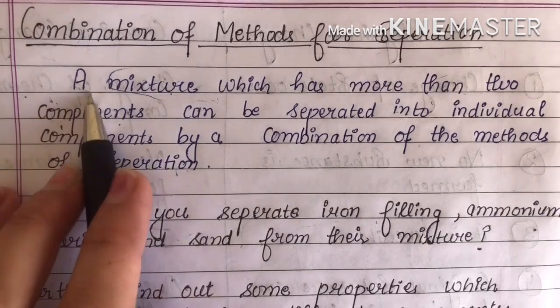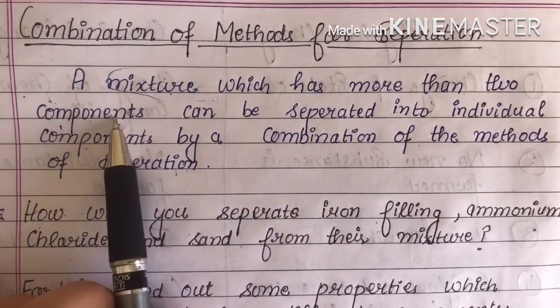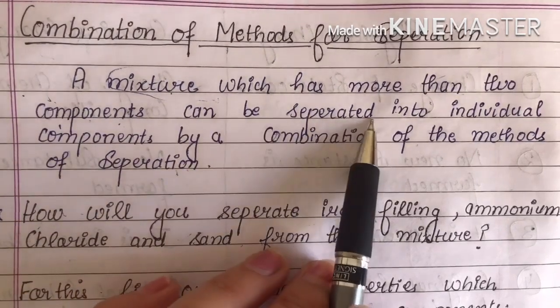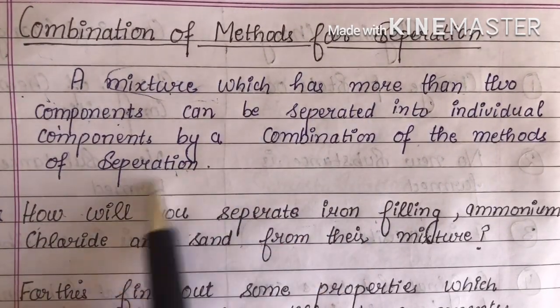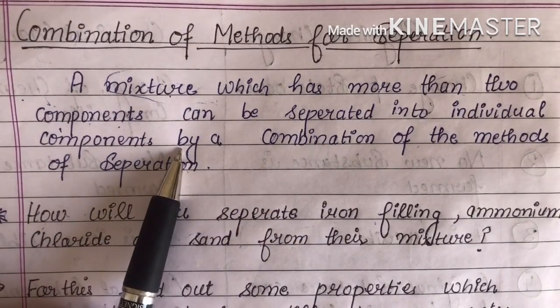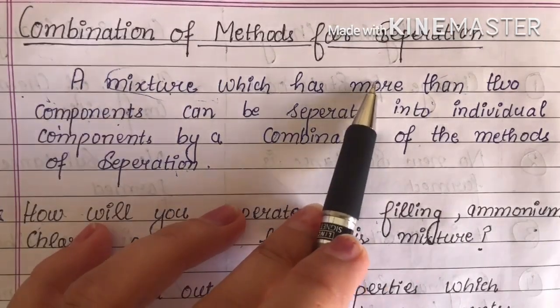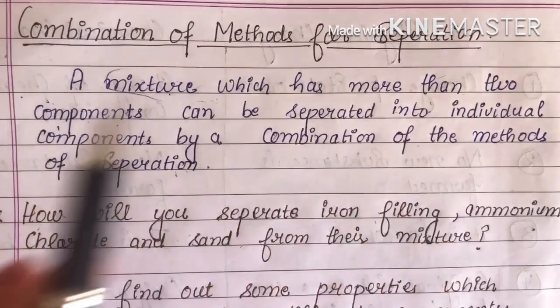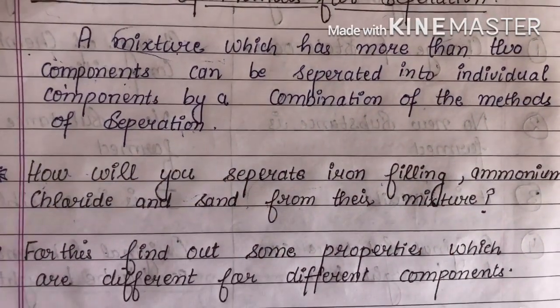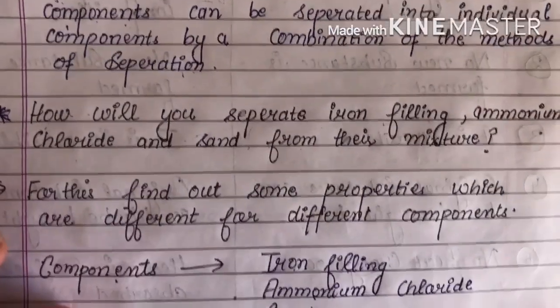A mixture having more than two components can be separated by using a combination of methods of separation. So let's see how we can separate those components.